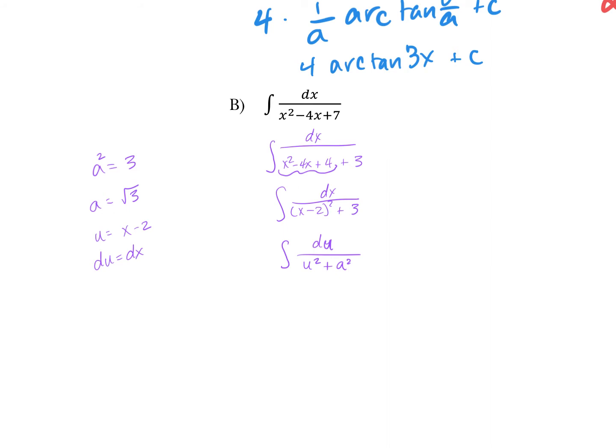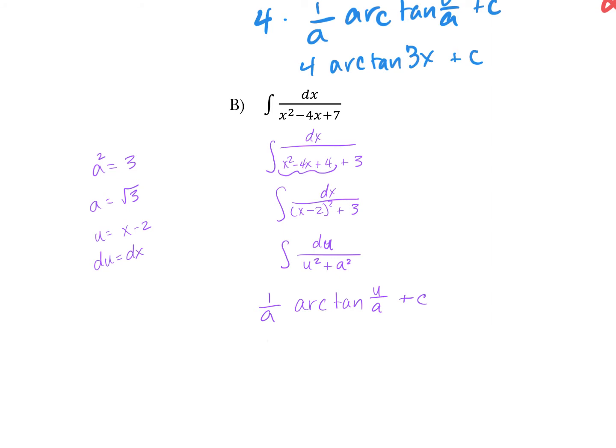And does this look like one of my rules? Which was arctan, yeah? Okay, so this is equal to 1 over a arctan of u over a plus c. We still doing okay? All right, so what happens to my 1 over a?